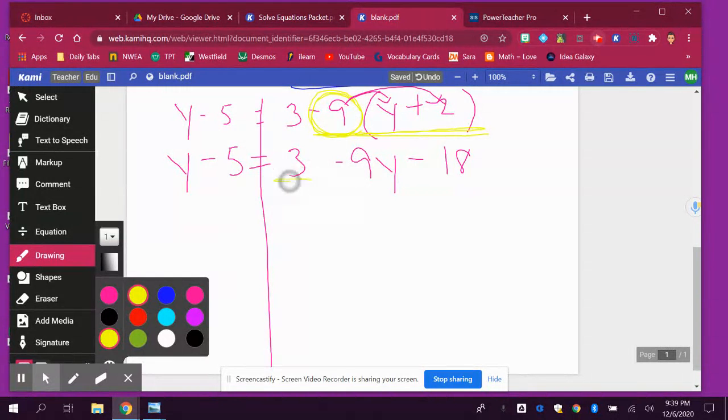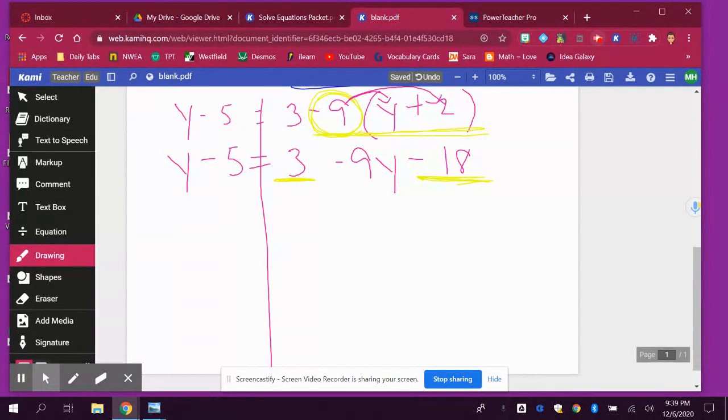But on the right side, I see this 3 without a variable and this negative 18 without a variable. Those are like terms, so I'm going to combine those. 3 minus 18 gives me a negative 15. And I'm going to bring down this minus 9y, and then over here, y minus 5. Brand new equation.